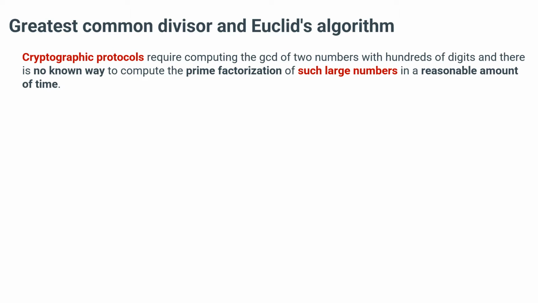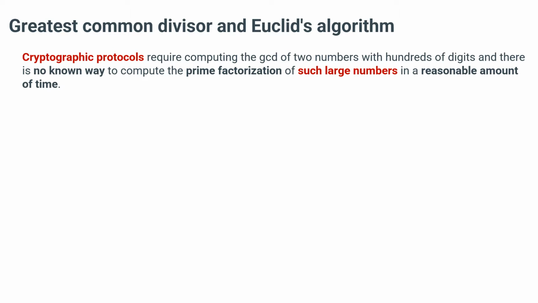Cryptographic protocols require computing the GCD of 2 numbers with hundreds of digits, and there's no known way to compute the prime factorization of such large numbers in a reasonable amount of time. And remember, we had said that if we had 2 numbers where we had the prime factorizations of those, then it would be easy to come up with the GCD.